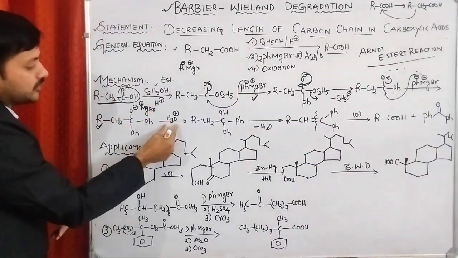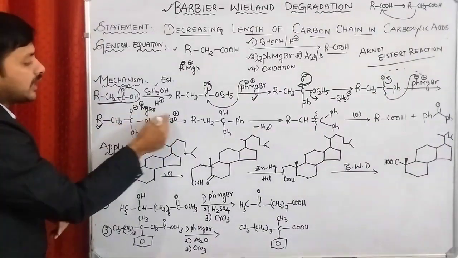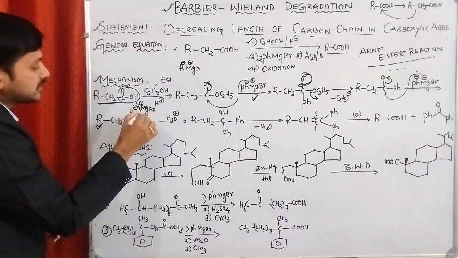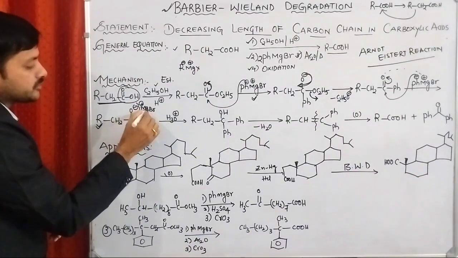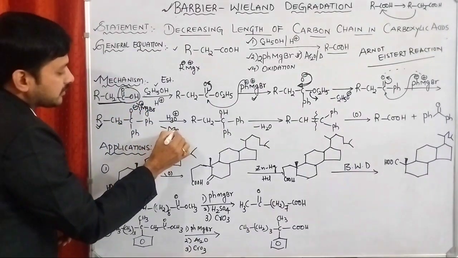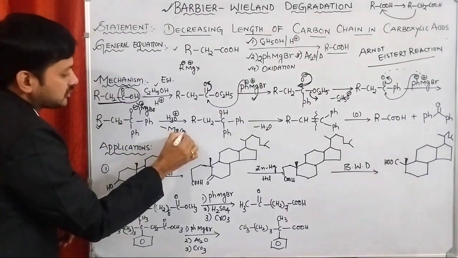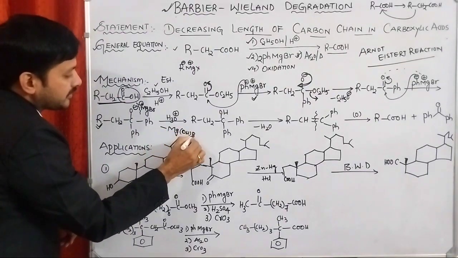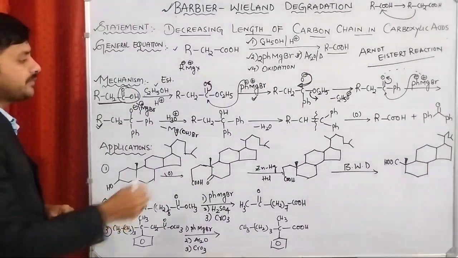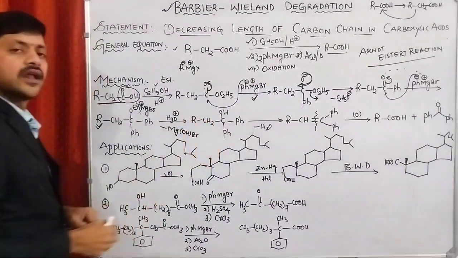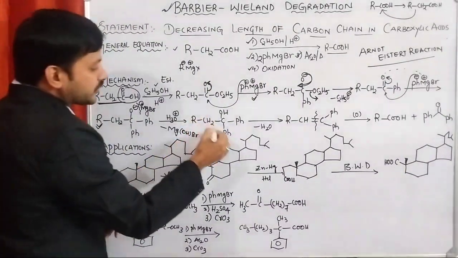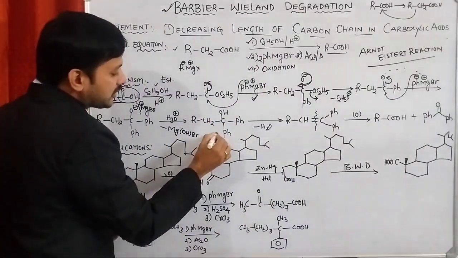This is subjected to hydrolysis. With H plus and OH minus, MgOHBr will be removed. Thereby we come up with an alcohol. This alcohol is tertiary in nature.